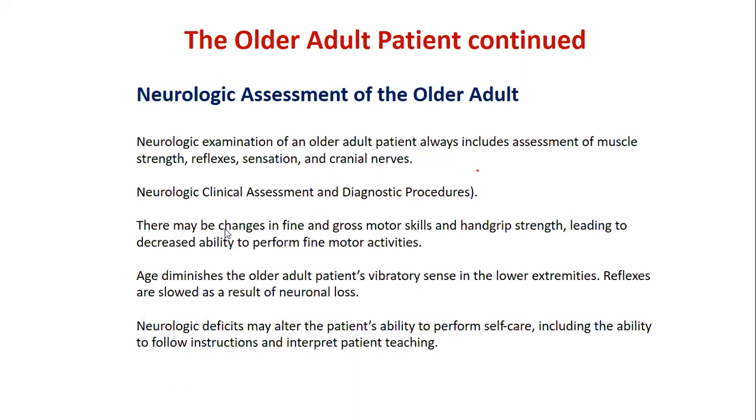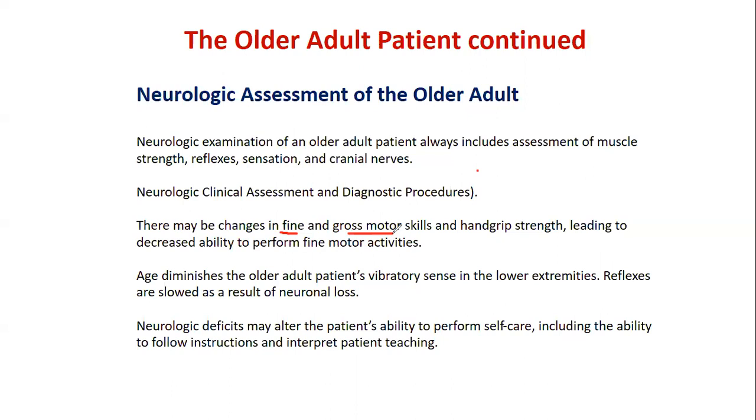And there may be changes in fine and gross motor skills and also hand grip strength. So there are two words: changes occur in fine and gross motor. For example, if I am going to tie my shoe lace or put on my shirt buttons, I need fine work.